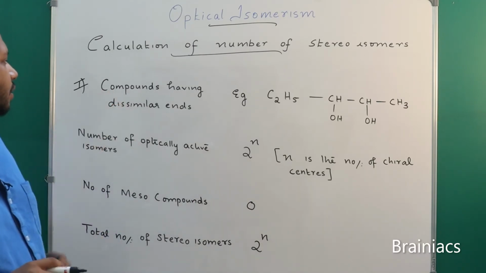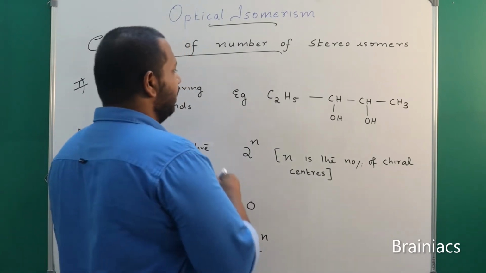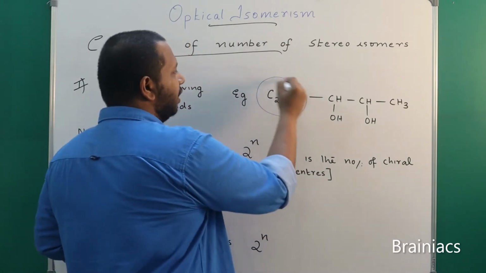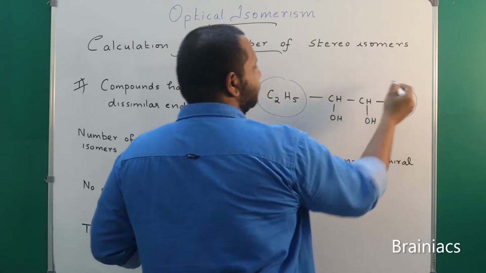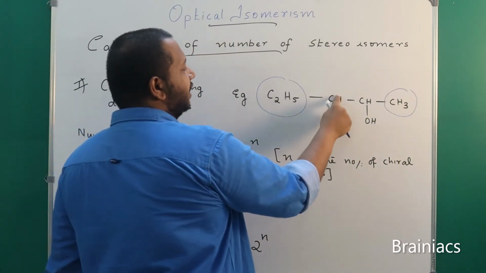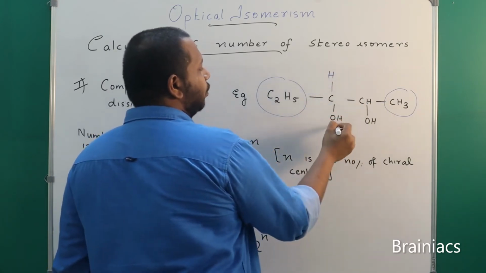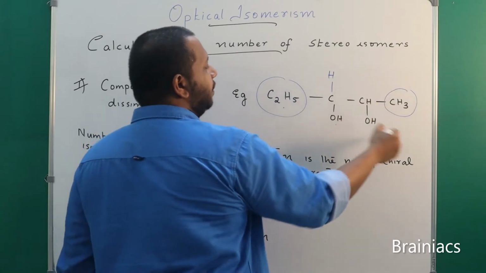Dissimilar means, if you see this compound, one end is C2H5, the other end is CH3, and you can see this is a chiral carbon. One is a hydrogen atom, the other is OH, the other is C2H5, and the other is a big group.